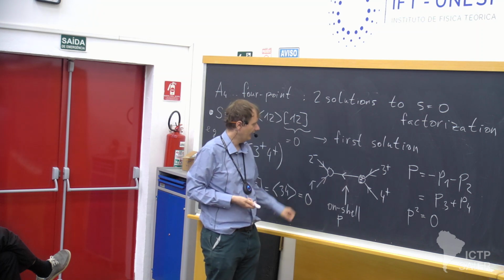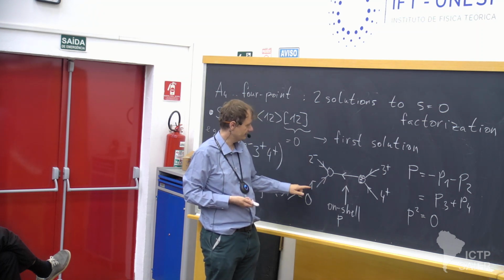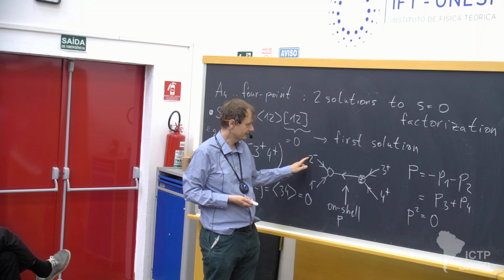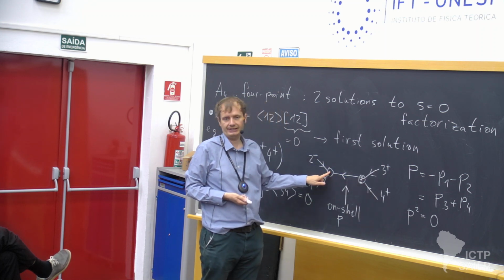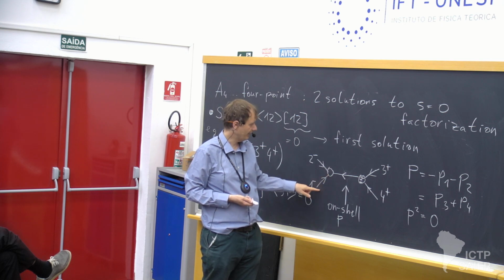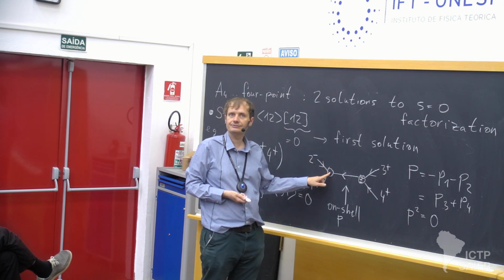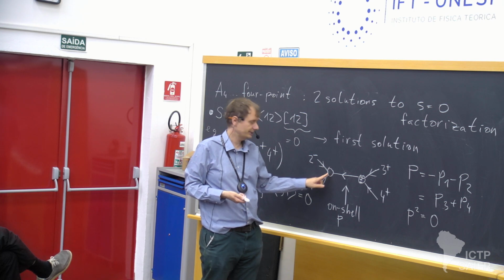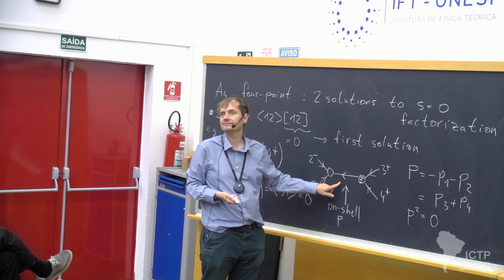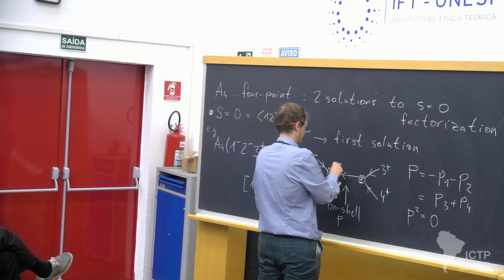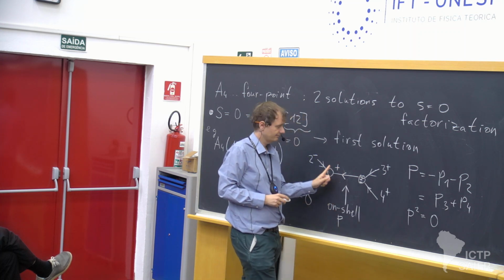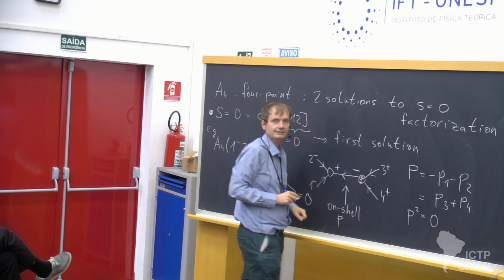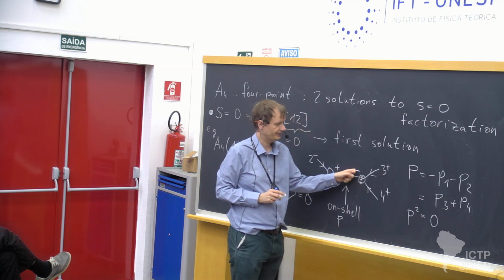Now we have this assignment that these two helicities were minus, these two were plus, and they were meeting in this vertex and this vertex. We already set what the helicities are in this vertex for 3-point amplitudes. This corresponds to minus, minus, plus. So the helicity of the internal particle here must be plus, and on the other side it's minus, which corresponds to a vertex minus, plus, plus.